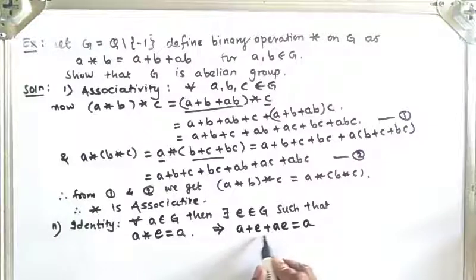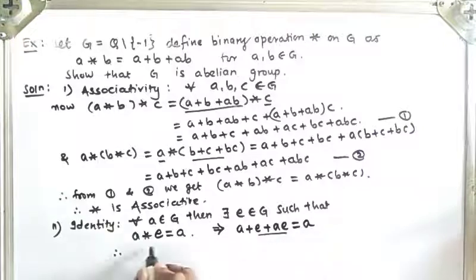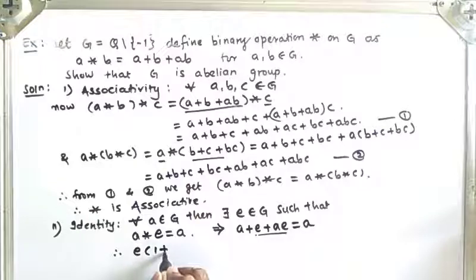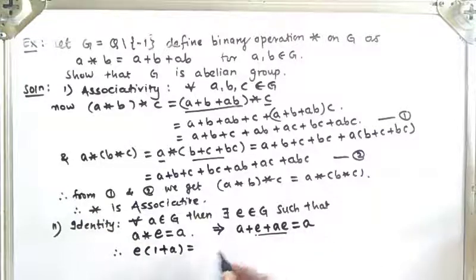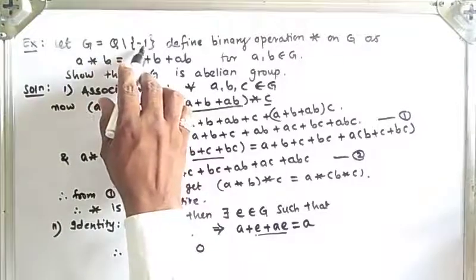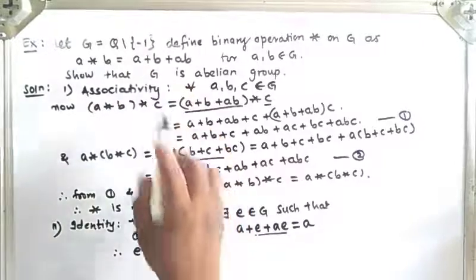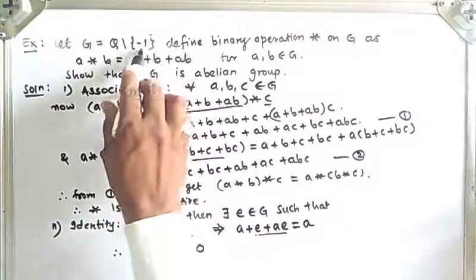So I have to find the value of E, right? Here I will take E as common in this equation. We will get E into 1 plus A, which is equal to, A will get cancelled, 0. Here G is Q minus singleton minus 1, so this is the group G which does not have minus 1.